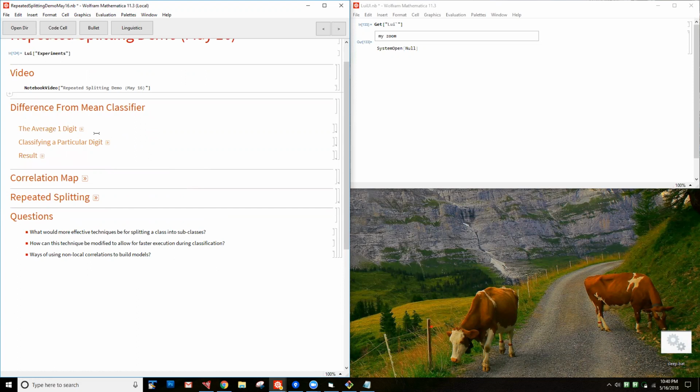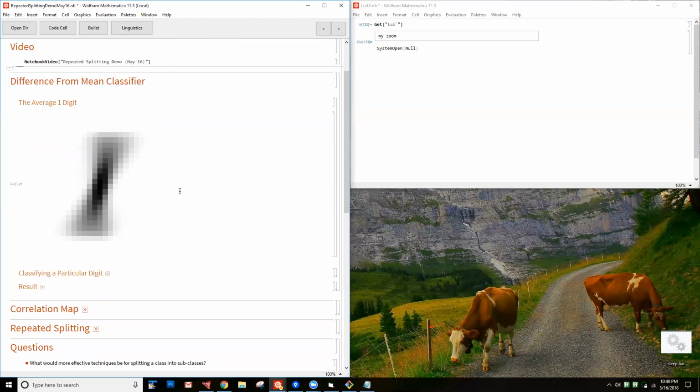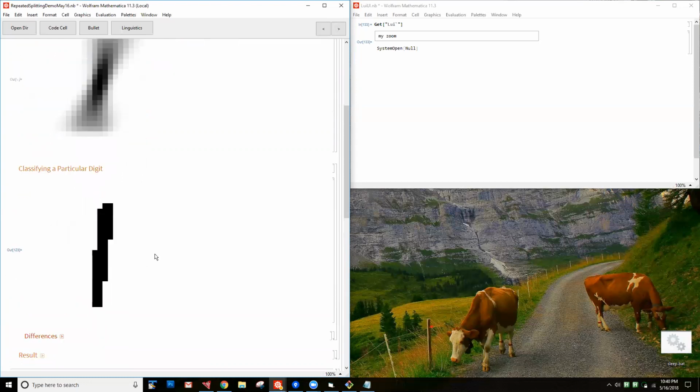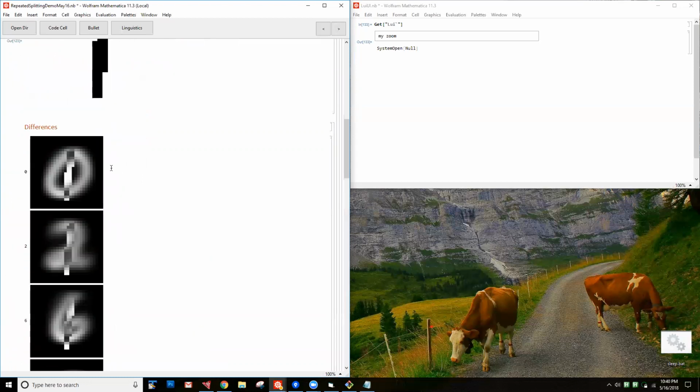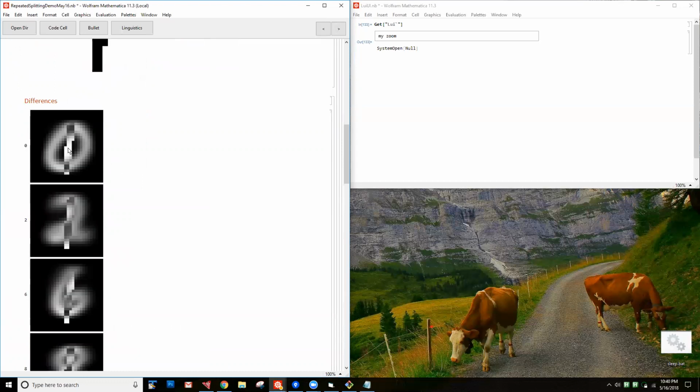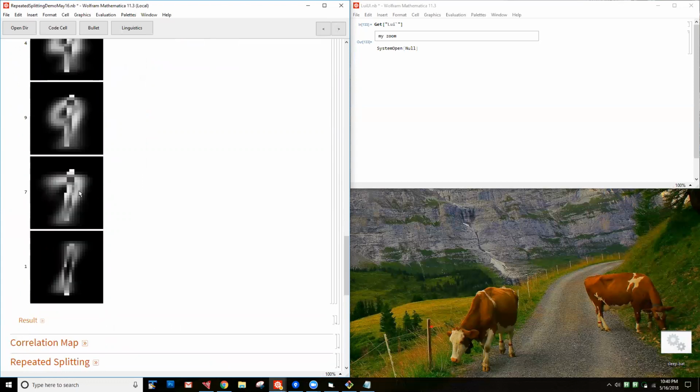So the simplest possible classifier that I could imagine was taking all the different samples for a certain handwritten digit, finding their average, and doing this for all digits. Then to classify a particular handwritten digit, what you do is take the difference between your image that you're classifying and the various average digits and choose the one that has the smallest difference.